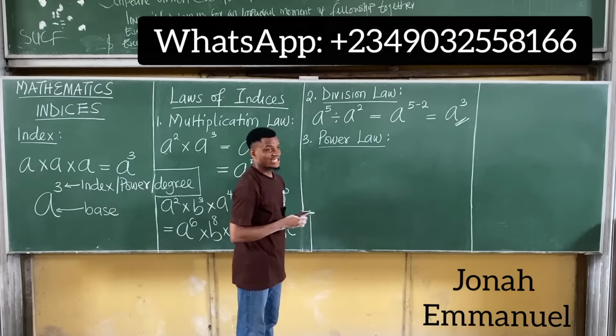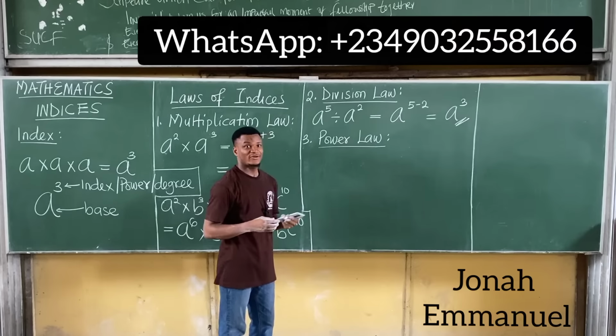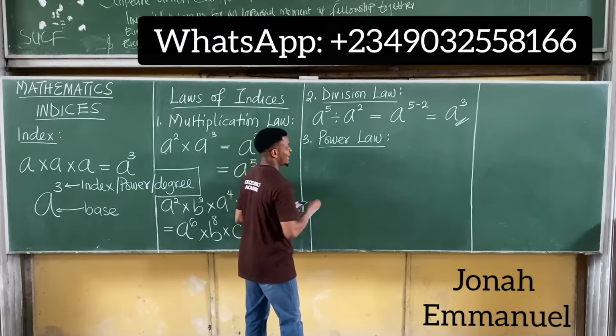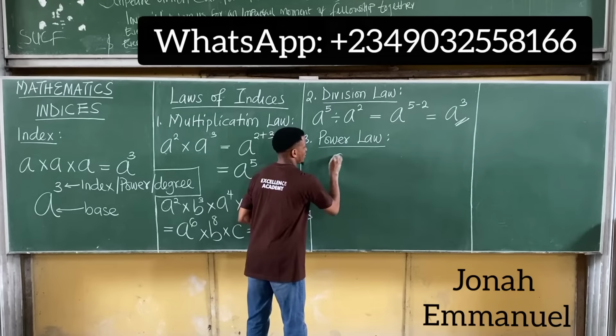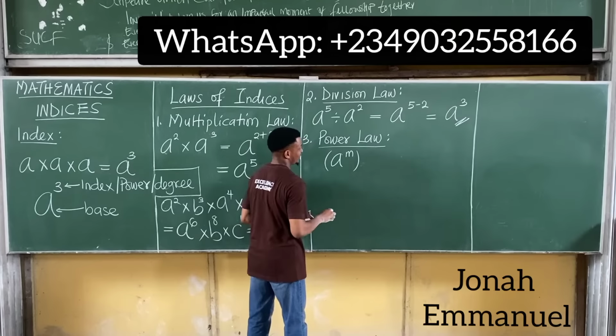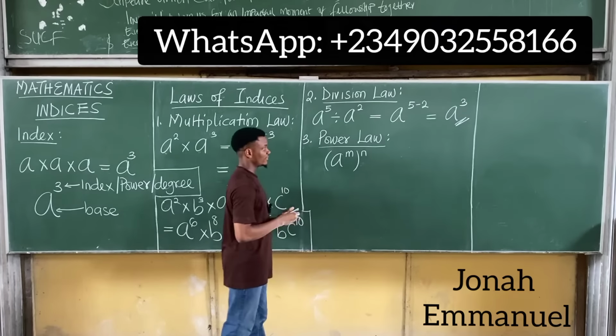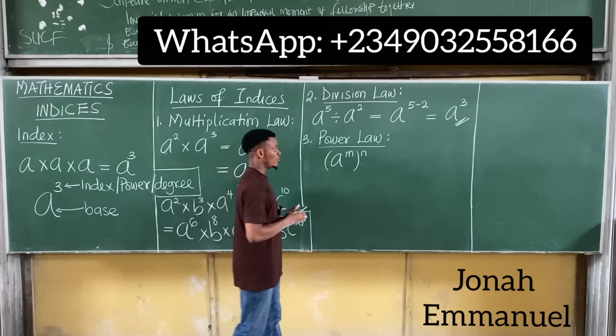All right, let's look at the next one, the power law. For the power law, I'll just use a mathematical expression. Let's say I have a base A raised to power m, such that this term is being multiplied by itself n times.